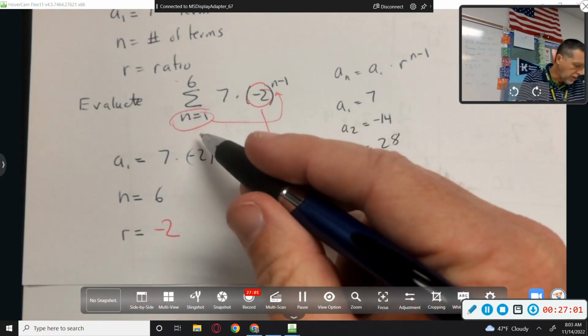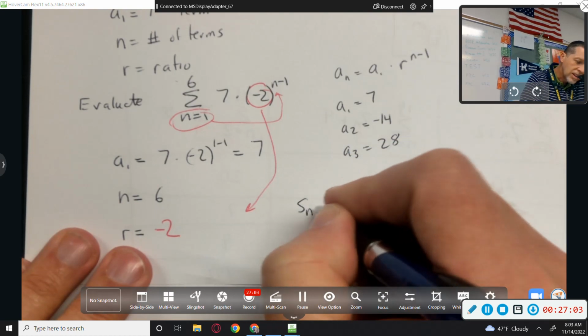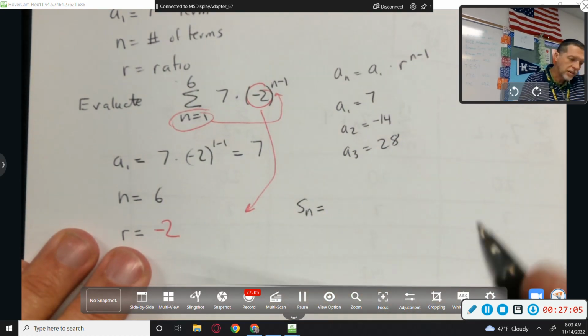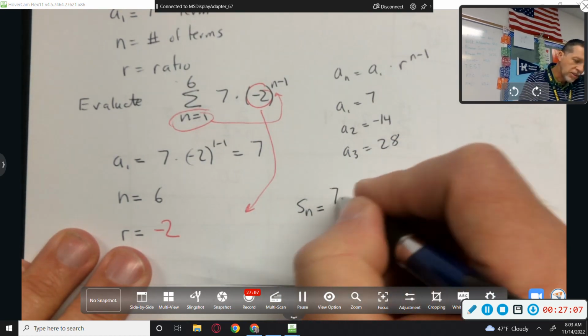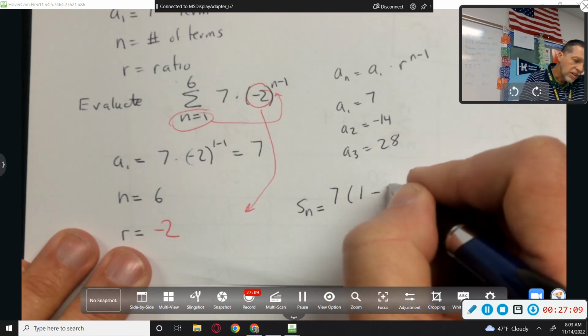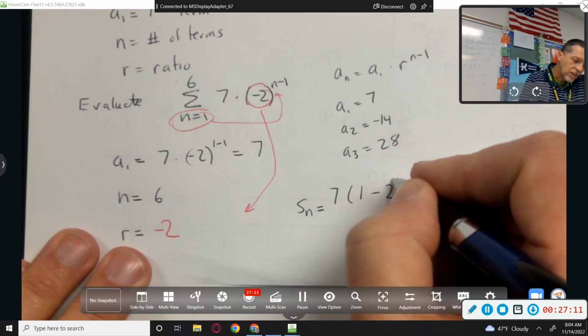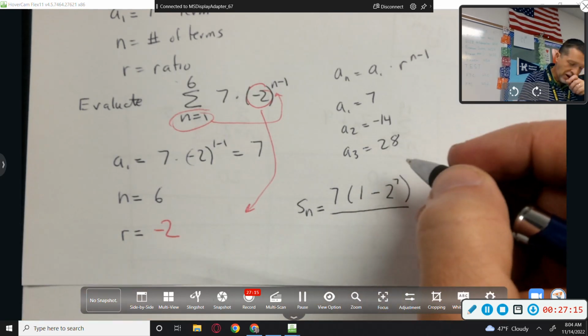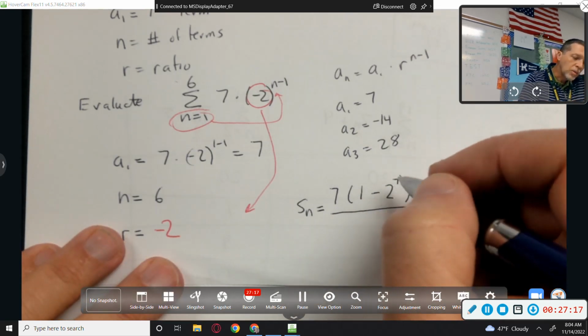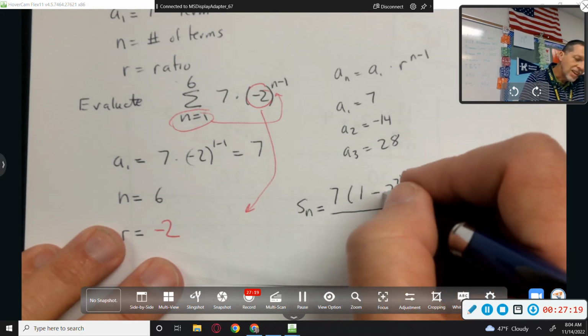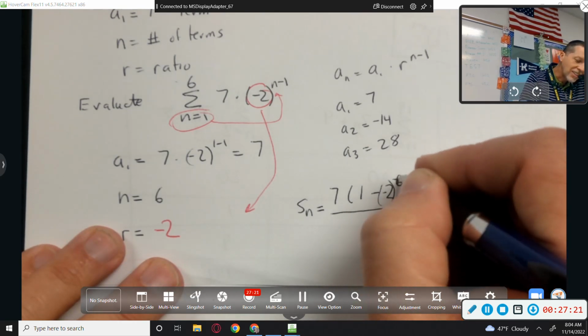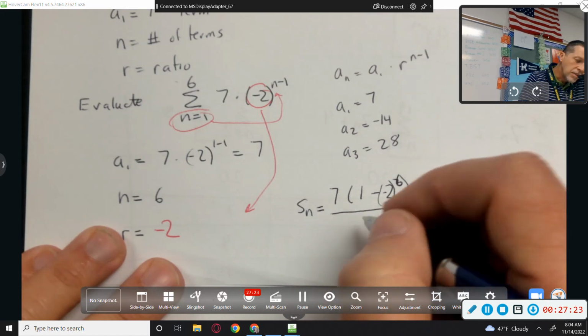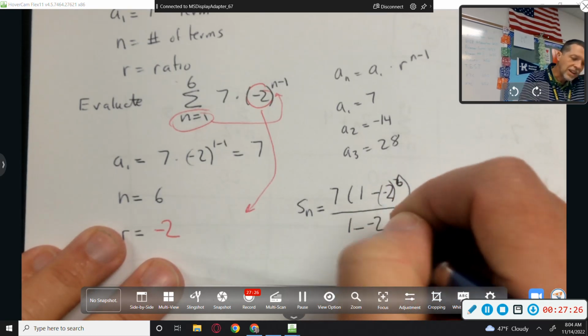All right, so now we've got all our pieces. Let's plug them into the formula. First term is 7. 1 minus 2 to the 7th. Wait, that's not quite right. It's 1 minus negative 2 to the 6th, all over 1 minus negative 2.